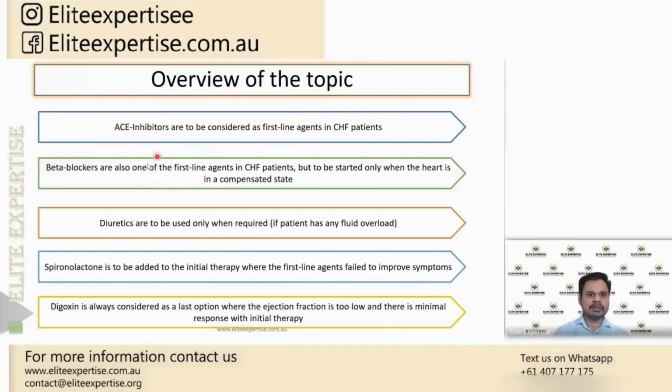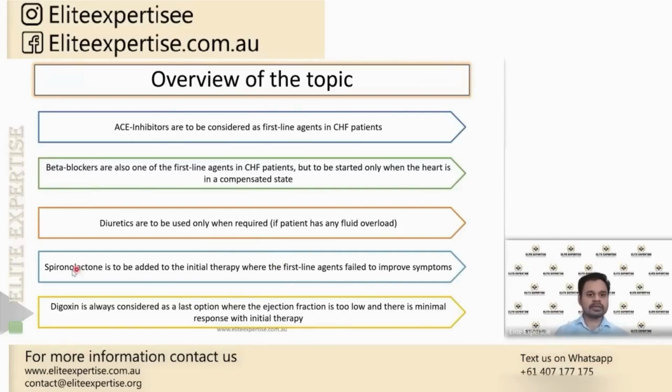So ACE inhibitors and beta blockers, these two are the mandatory drugs. Then diuretics. Diuretics also play a major role in heart failure. So diuretics are to be given only when required. Whenever the patient has congestion or fluid overload, then only we'll give diuretics to the patient. Otherwise, we won't give diuretics to the patient.